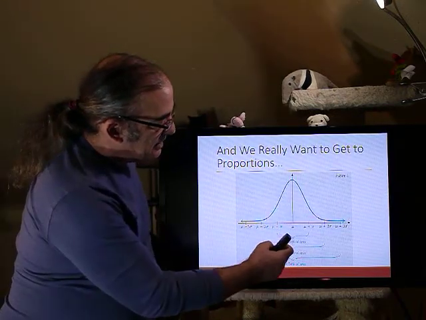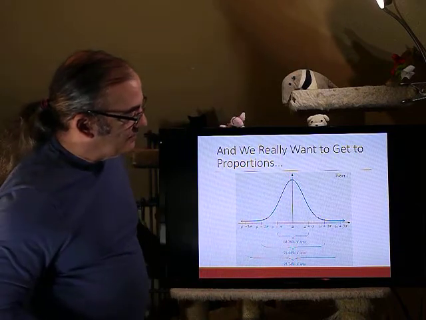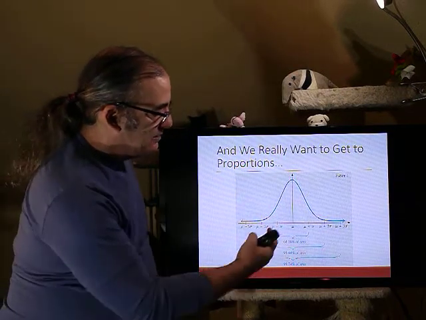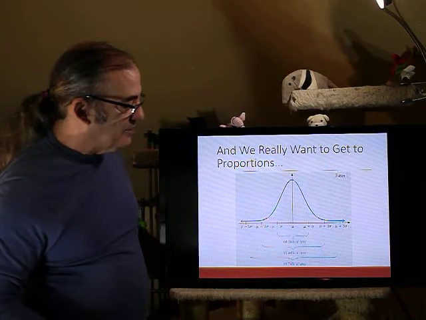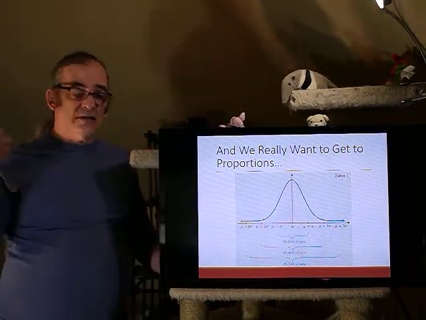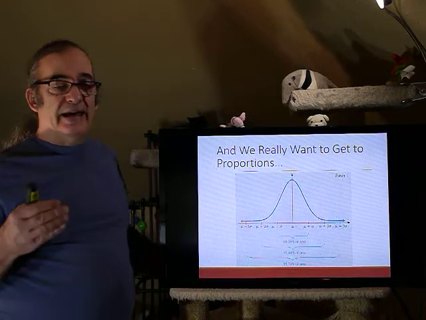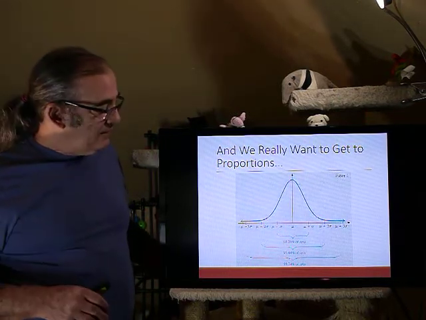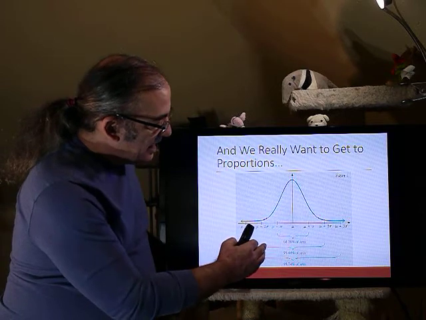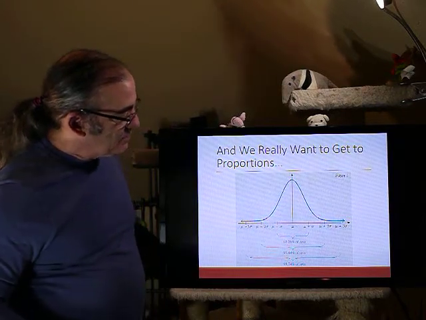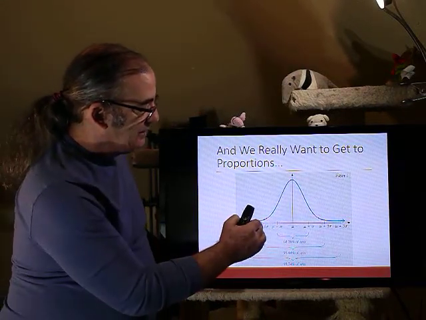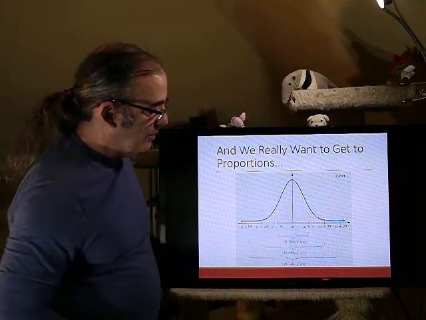So 68.26% of the area. If we were using IQ, then what do we know? That we know that 68% of the population, let's say in the United States, has an IQ of somewhere between 85 and 115. Fully 95% of the people in the United States will have an IQ between 70 and 130.